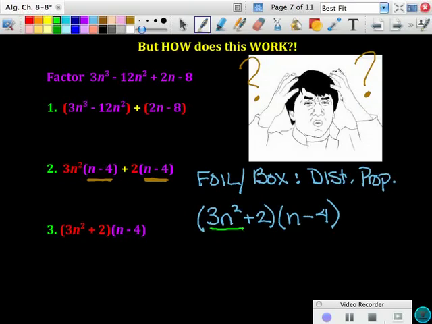If you use the distributive property with this problem, that's what would happen. And then we're taking this 2 right here and distributing that to both terms, so then we have plus 2 times n minus 4.